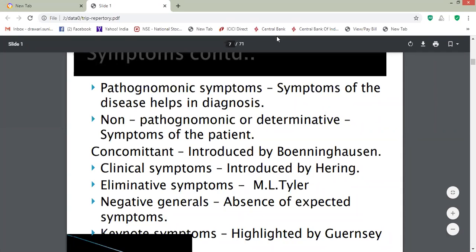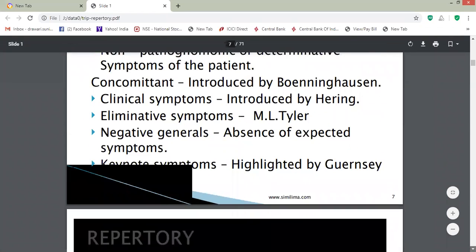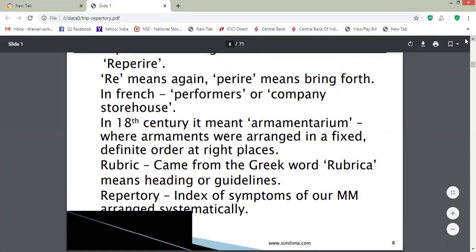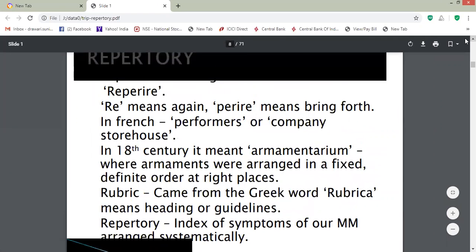Then keynote symptoms, highlighted by Guernsey. So in this way, according to the author, we have to give importance to the symptoms according to their philosophy.